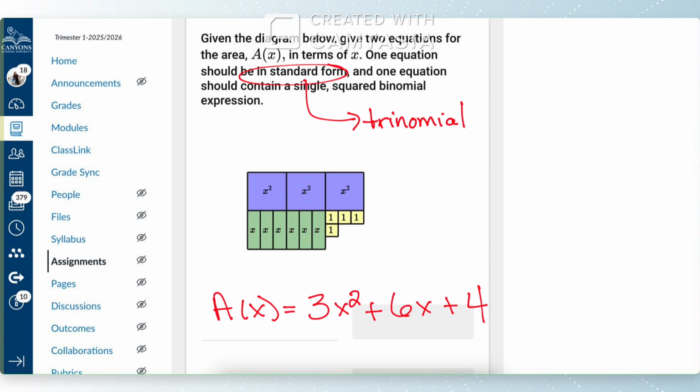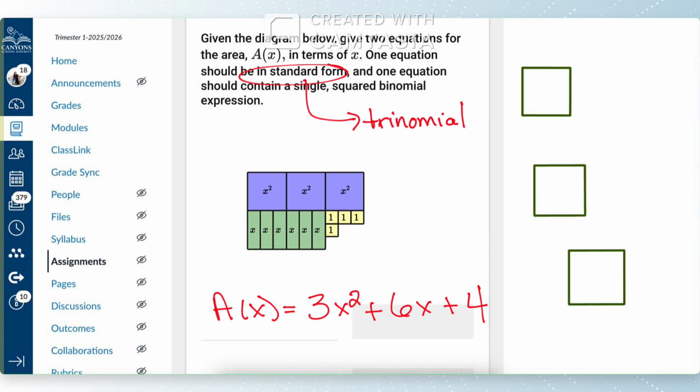And one that is from a squared binomial would come from rearranging this picture, right? So I'd have my 3 x squareds, and that's kind of connected to our last problem. So we're going to do the same idea of completing the square again, right? So I've got my x squared, and my x squared, because I've got 3 of them. And then I've got to do my x's.